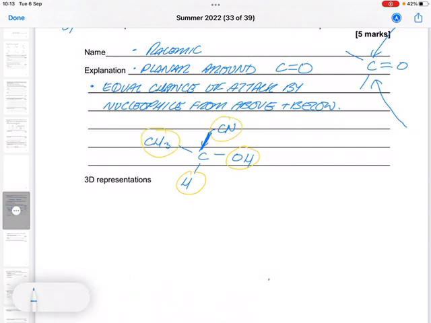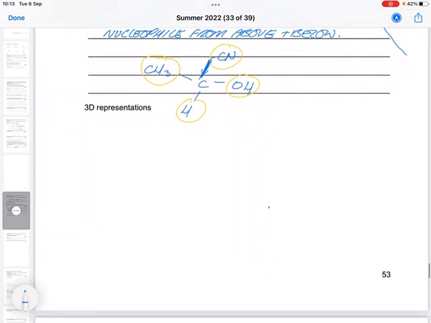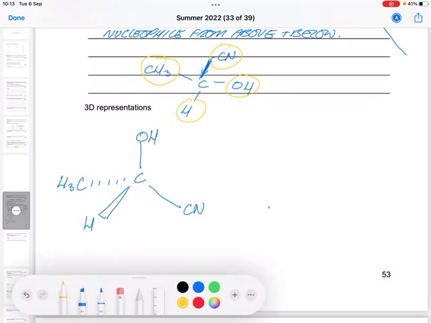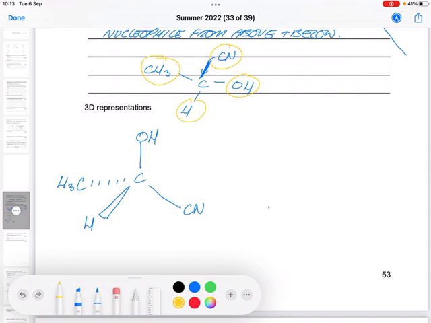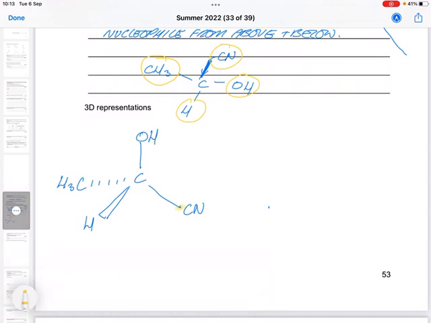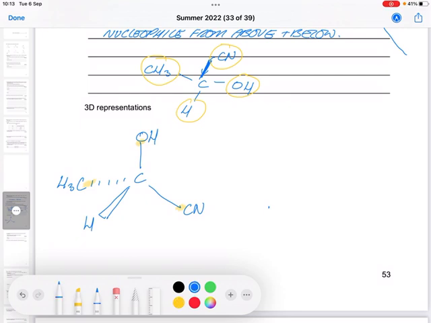Now it's asking for a 3D representation, so I'm going to start with the tetrahedral structure. Okay, doesn't matter what order I put these in. So I'll do OH, CN, hydrogen and CH3, but I have to be aware of connectivity. Okay, so connectivity, got to make sure that bond there is pointing to that carbon, this bond here is pointing to that oxygen, this bond here is pointing to that methyl.